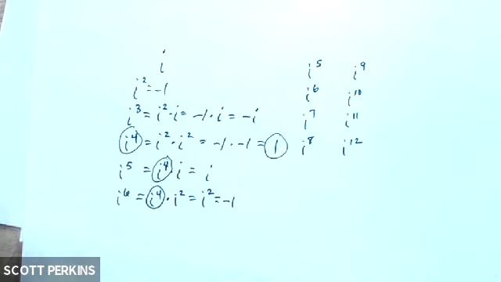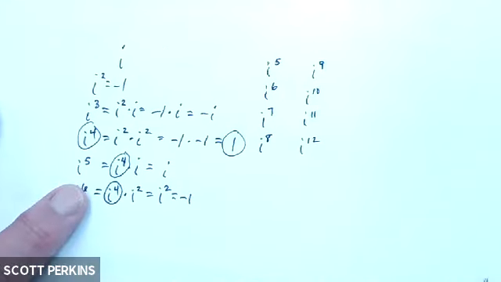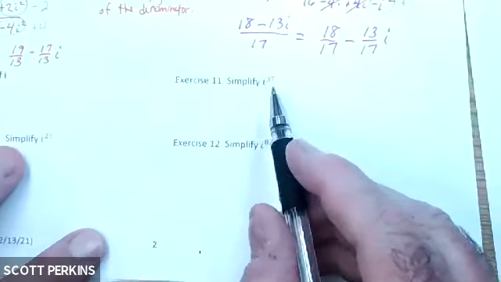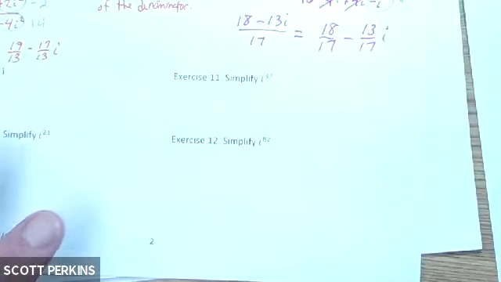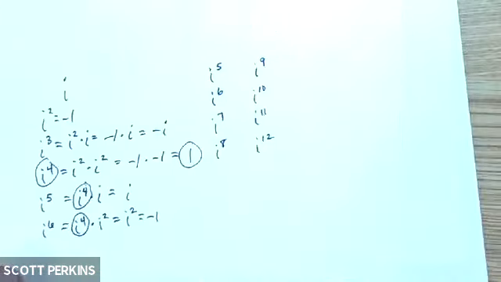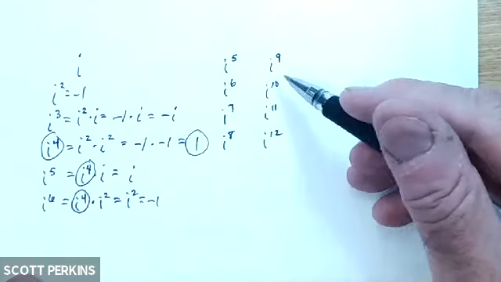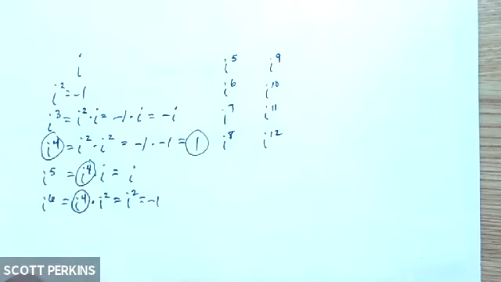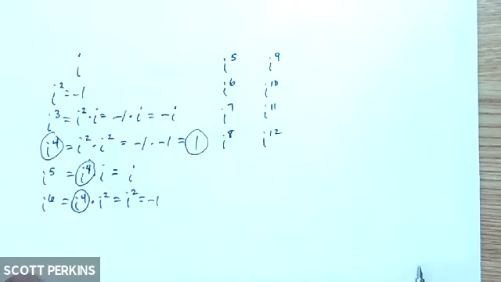When you have a power of i, let's do the next problem on our sheet. We're going to simplify i to the 37th power. Now, I do not expect you, although you could if you wanted to, to just keep listing out the powers of i until you got to 37 and see which one it's equal to. But there's a much easier way.